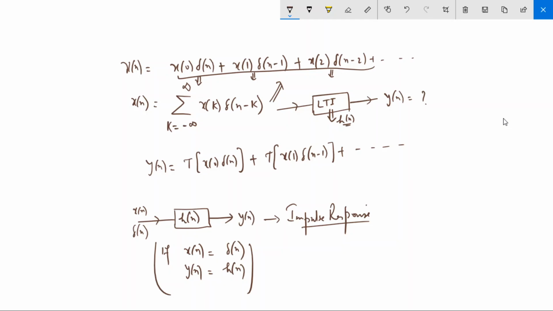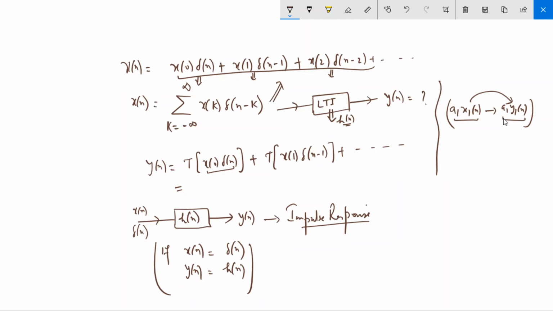Now what is the output due to x0 delta n? x0 is a constant, and since it is a linear system, it also obeys the scaling property. Scaling property means the output due to a1 x1 of n is a1 y1 of n. If x1 of n produces y1 of n, then a1 x1 of n will simply produce a1 y1 of n.